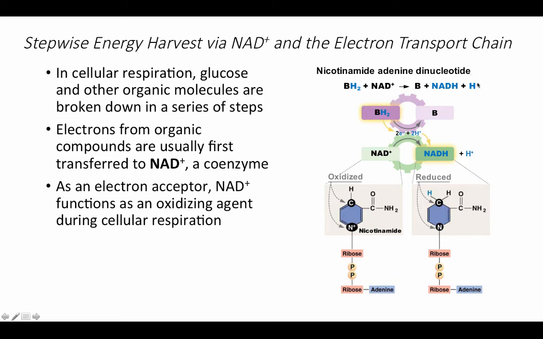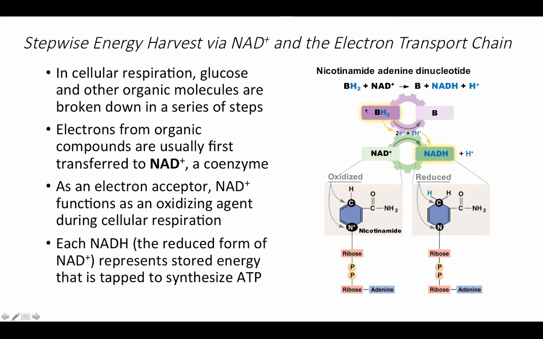The other proton is going to be released into the environment to form the biological material without those hydrogens, plus NADH, the reduced form of NAD+. So as an electron acceptor, NAD+ functions as an oxidizing agent during cellular respiration. So NAD+ is our oxidizing agent. It becomes reduced. Okay, our biological molecule becomes oxidized.